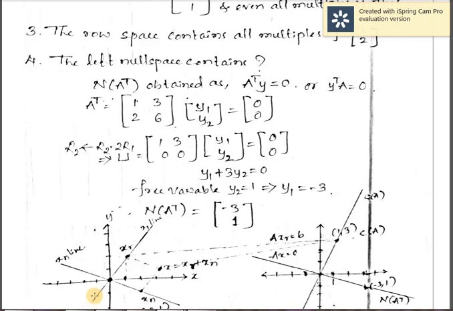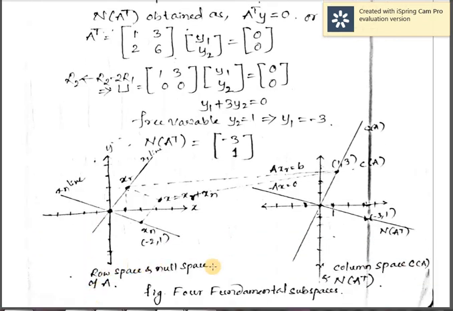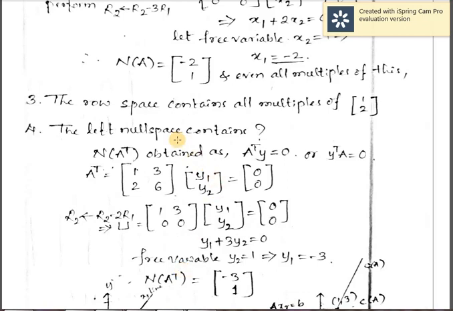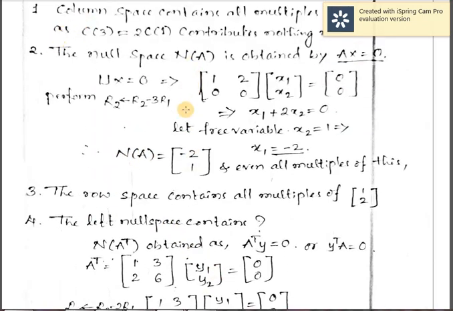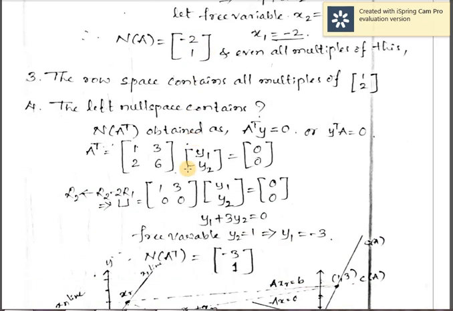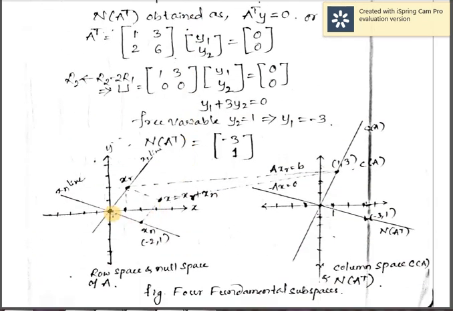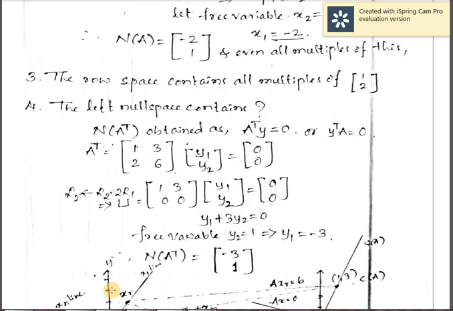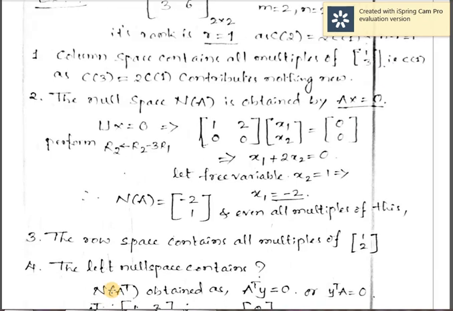Now similarly, the null space. The null space of A is minus 2, 1. So let's represent minus 2, 1.